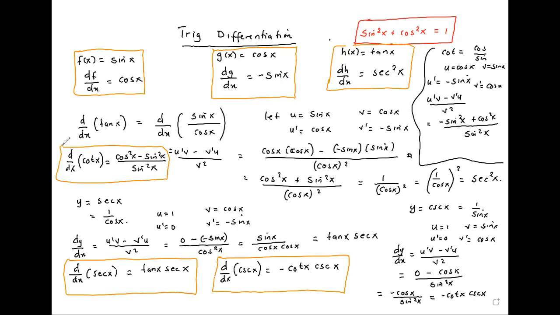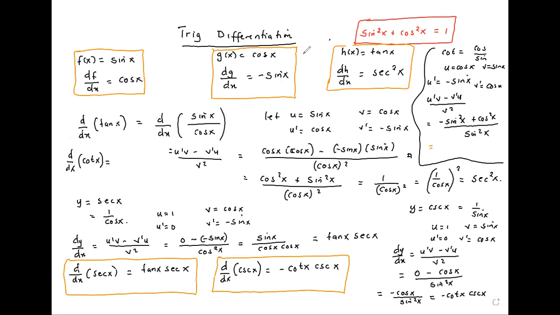And that's where you separate them. Cos squared over sine squared. Okay, I have seen. You can write it like this.